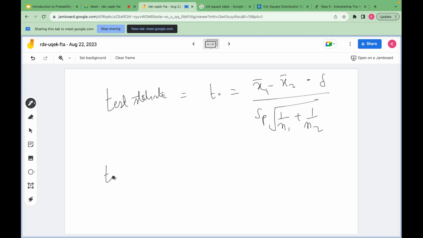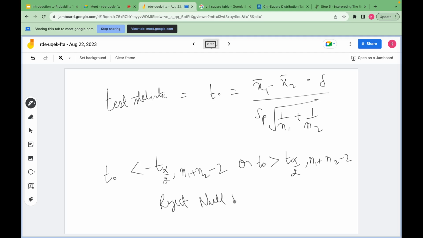Okay, now if this t naught is less than minus t alpha by 2, n1 plus n2 minus 2, or this t naught is greater than t alpha by 2, n1 plus n2 minus 2, then we will reject our null hypothesis.